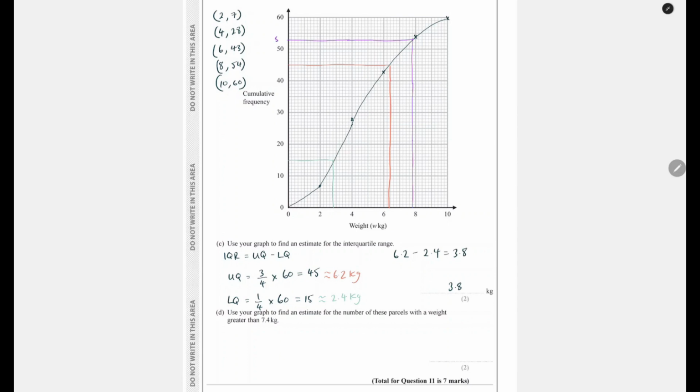And that is roughly 53. And so everything above 53 cumulative frequency is, we can say, 7.4 kilograms or greater. So 60 minus the 53 gives us 7.